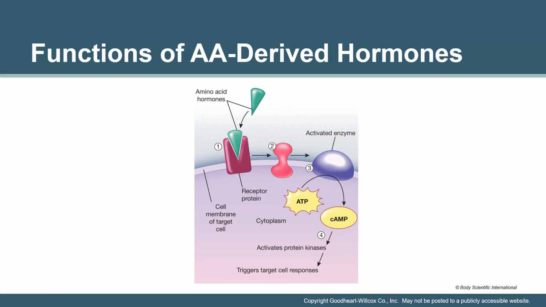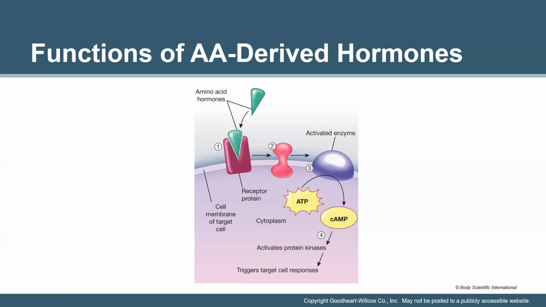So the amino acid-derived hormone is considered the first messenger. The process will begin when a hormone will bind with that surface receptor to form a hormone receptor complex, and then create a series of reactions, which ultimately will activate an enzyme.